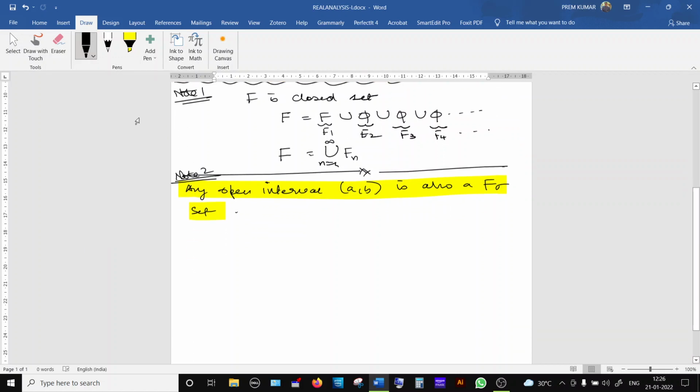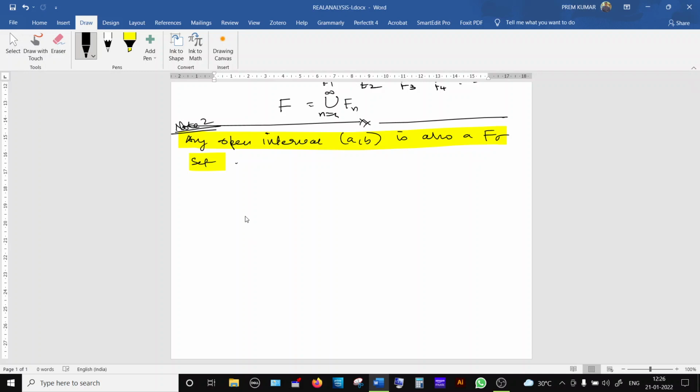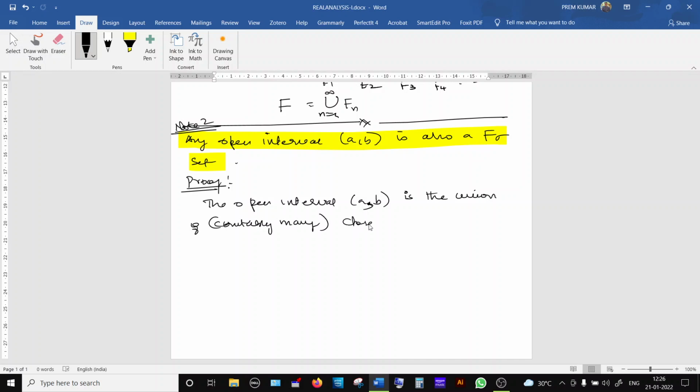Proof means we are just going to say that it can be written as the union of closed intervals. How is it? Now, the open interval (a, b) is the union of countably many closed intervals.